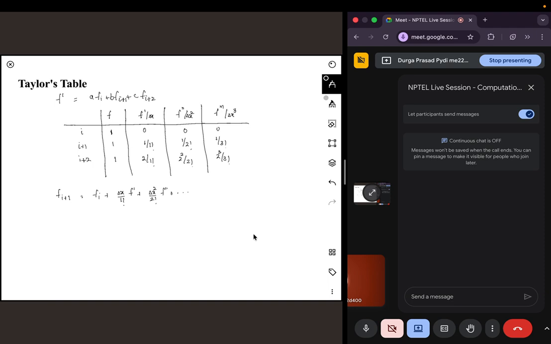So the idea here now is we write this equation. When we write this equation, the coefficients of similar terms have to be 0.